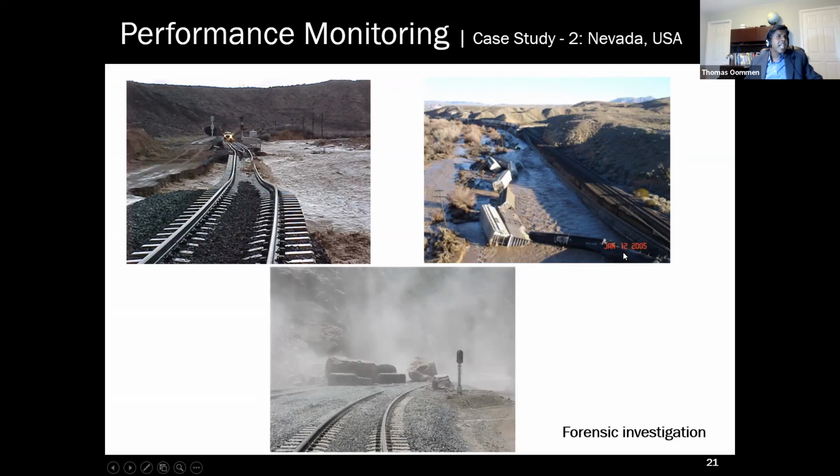When this flooding happened and the rail cars were derailed and their tracks were destroyed, they came and immediately blasted some of the toe of these slopes to get their roadbed back and put the track back to resume operation. Because this was a critical line, they needed the track back immediately for the operation. And by doing that, they actually created more problems for their track.